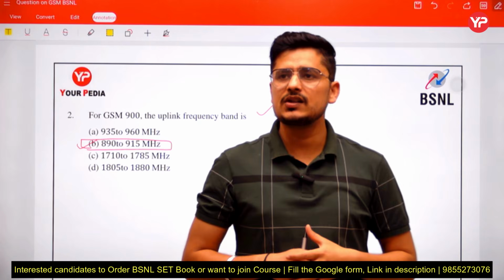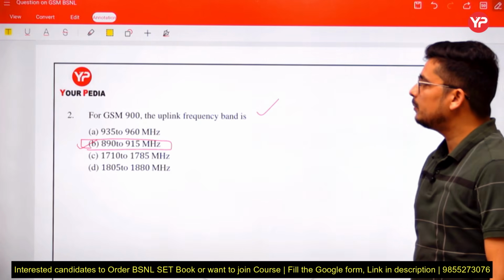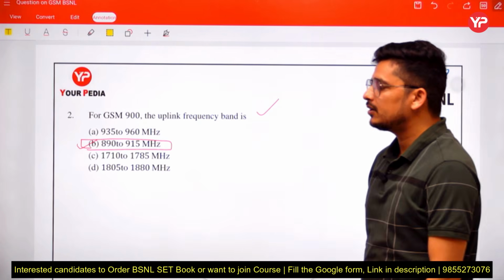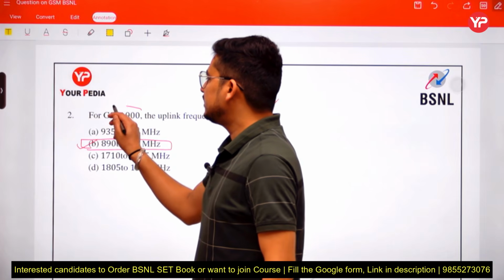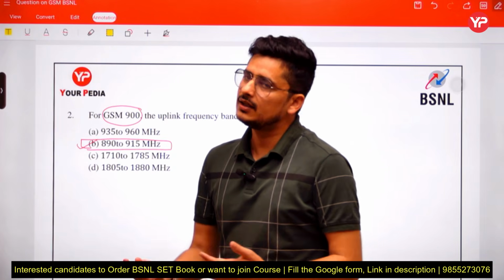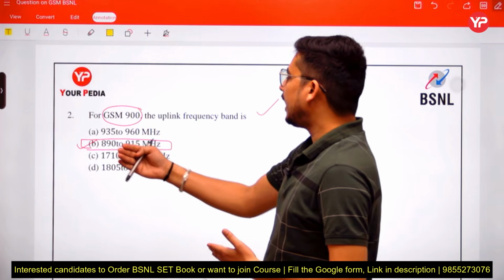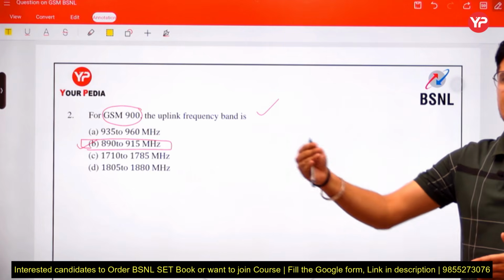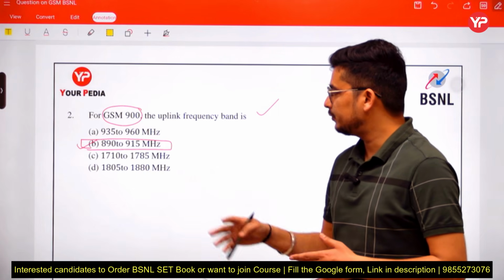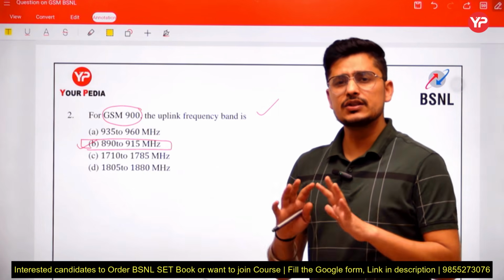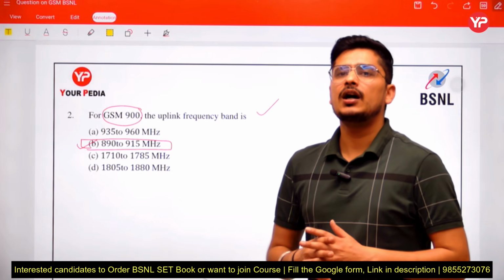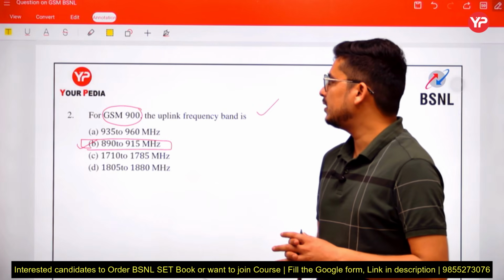In GSM there are two bands, GSM 900 band and GSM 1800 band. We will have different uplink and downlink frequencies for both of them. I already discussed these things in detail in my GSM class.